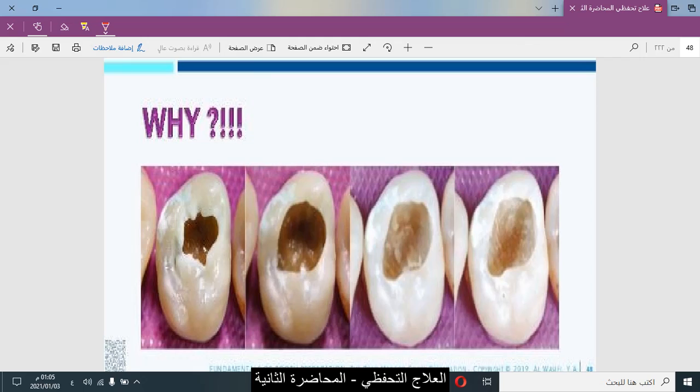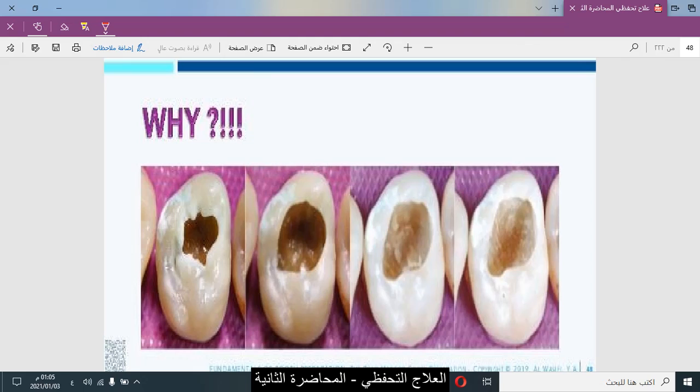Sometimes we do cusp capping and do the preparation from the buccal side or from the lingual side to give the finish line on the buccal or lingual, to resist the forces received by the restoration.